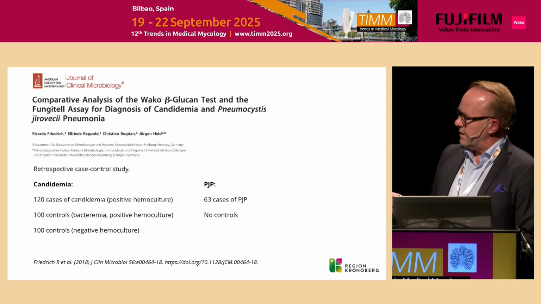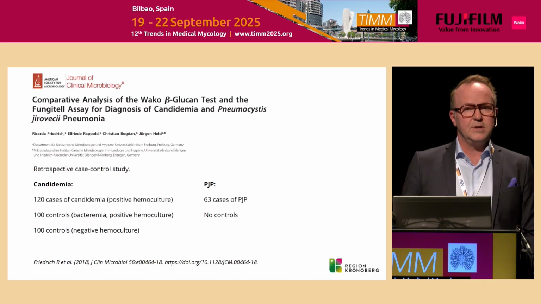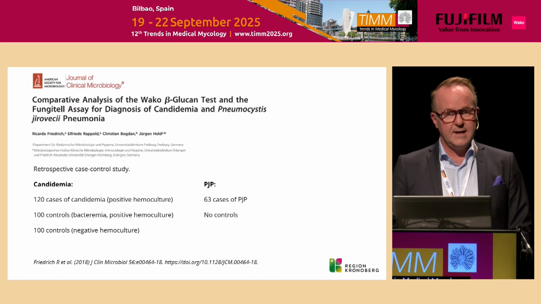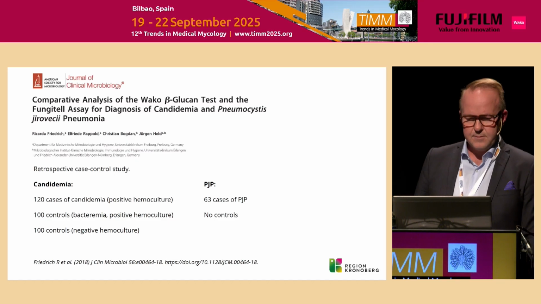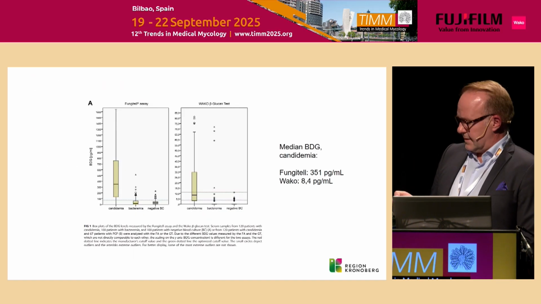As controls for these, 200 patients were chosen, 100 of which had positive blood cultures with bacteria, and 100 who had negative blood cultures. For pneumocystis, unfortunately, they had no separate controls, which is a slight limitation of this study, of course.